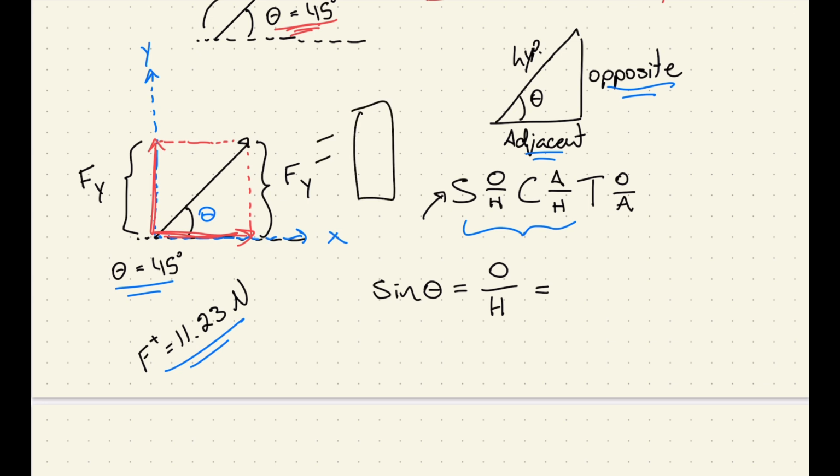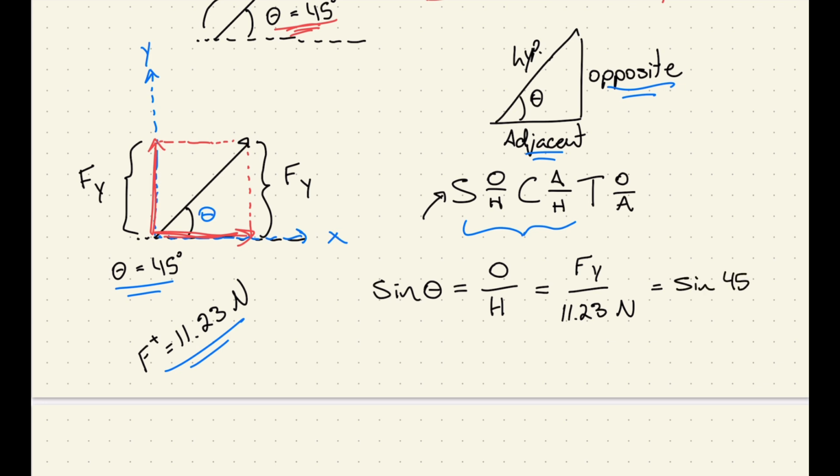That's why I talked about this bar of light that shoots light here. So we don't have O, but we can replace it with this variable Fy. We do have H. H is F positive, the positive force that we calculated, and we actually have a number for that. This is 11.23 newtons. Keep your units, guys. Please take a look at the units there. Okay, now what do we do? Well, we can also replace this sine. I'm going to write another thing.